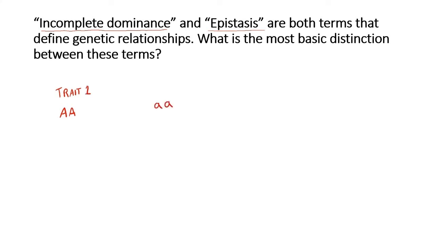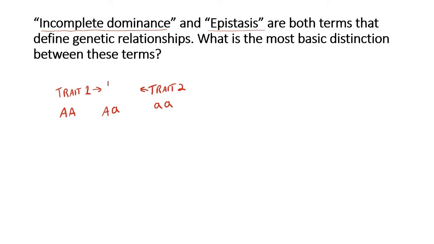If you have the homozygous recessive version of these genes, you get trait number 2. But if you have the heterozygous version of this trait, you get something that's halfway in between.